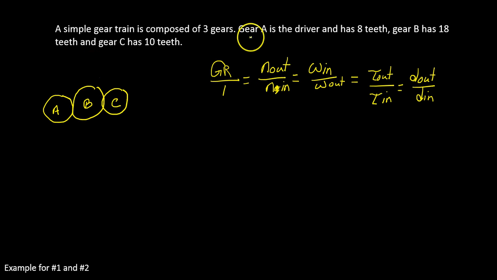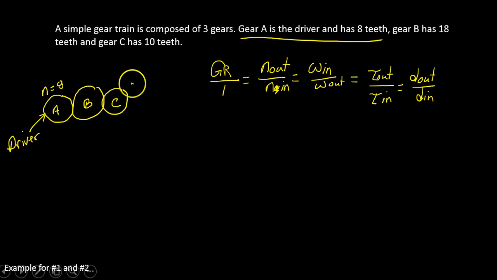It says the number of teeth in gear A, which is the driver, is 8. So N equals 8, and this is the driver gear. B has a total of 18 teeth, so N is equal to 18.